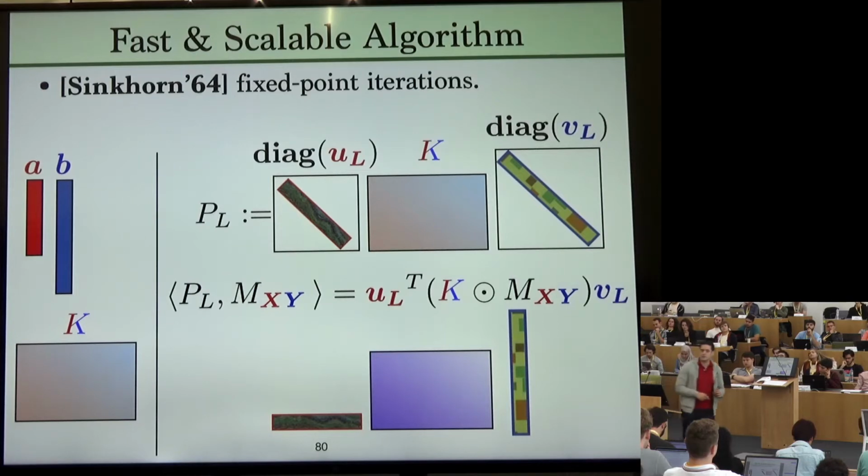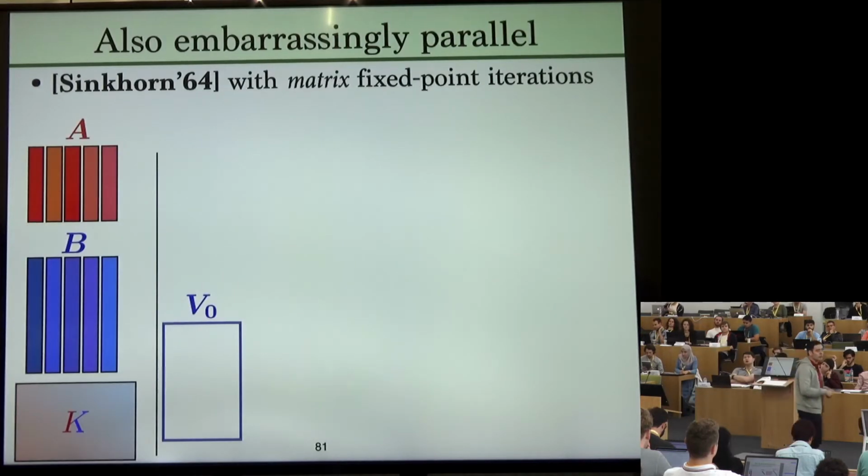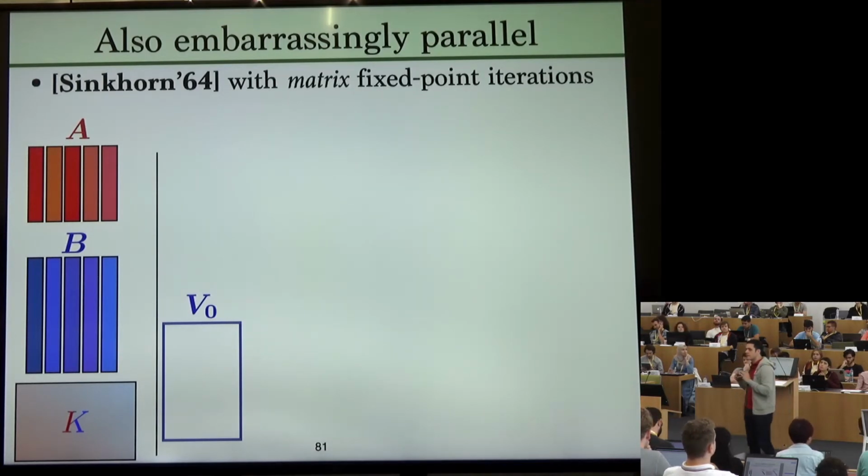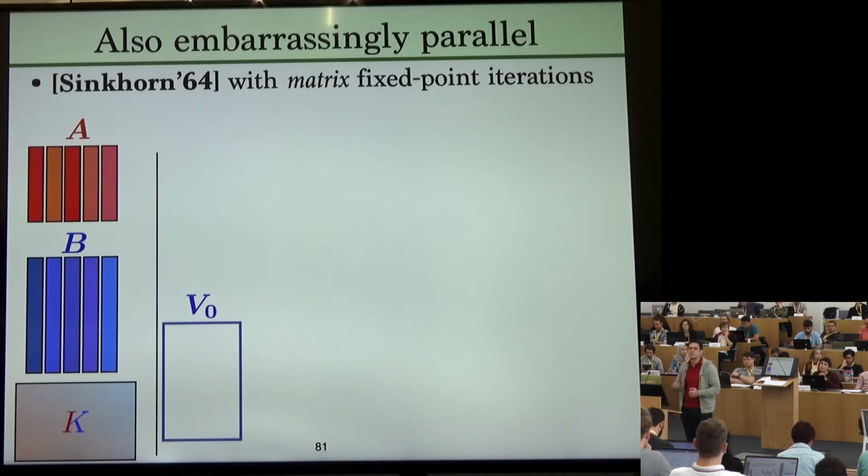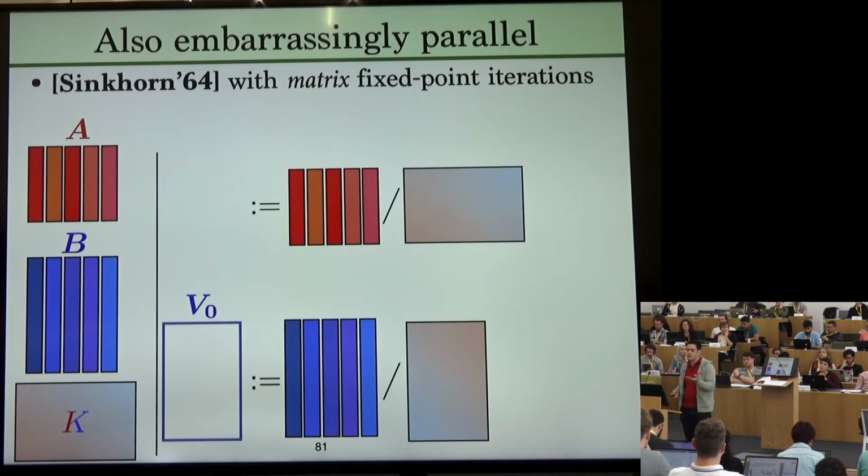Another nice feature of the Sinkhorn algorithm is that when you compare several histograms that all have the same support, so let's say that all of the measures A and B respectively share the same support, then they share the same kernel matrix. Okay? And then all of a sudden, this Sinkhorn algorithm can be trivially parallelized, in the sense that instead of doing a vector fixed point iteration, so remember earlier I was starting with one vector v0 that would compute the distance between two measures, and I would be updating this vector v and the vector u.